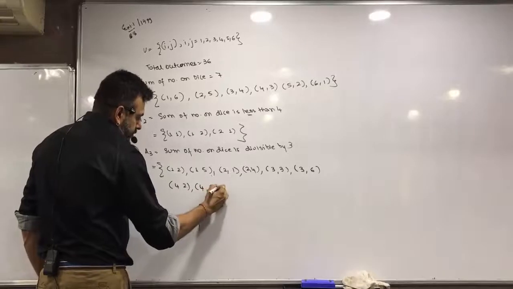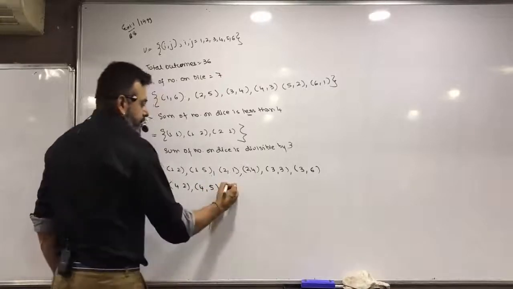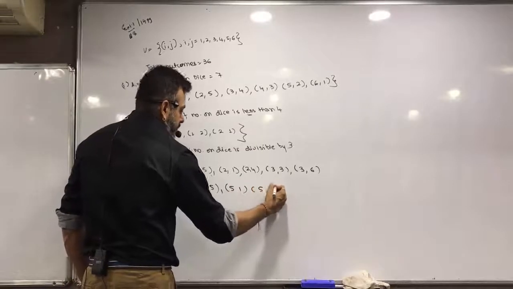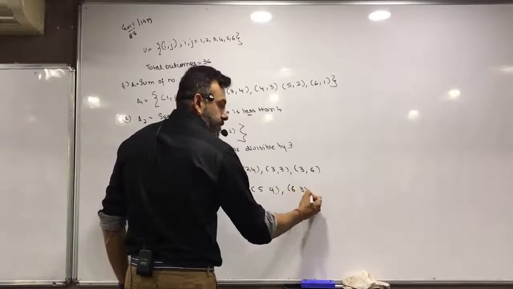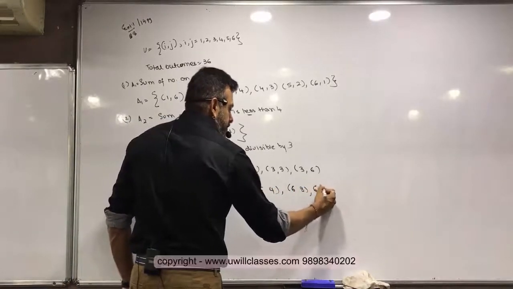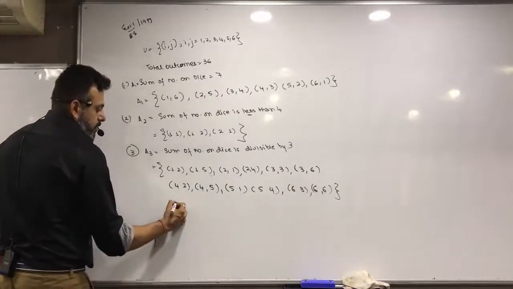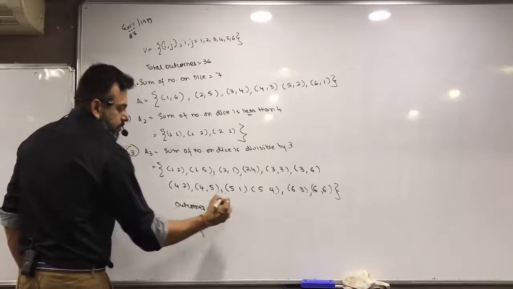Yes, that's 9. Very good. (4,5). Then (5,1), (5,4), (6,3), (6,6). 12 outcomes. So we will say number of outcomes n is equal to 12.